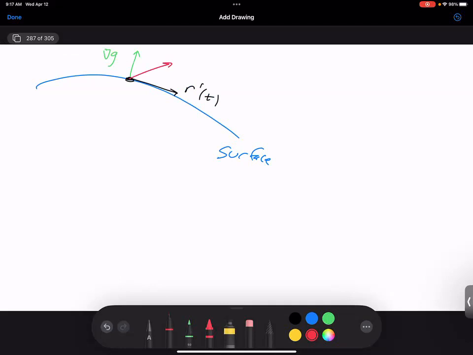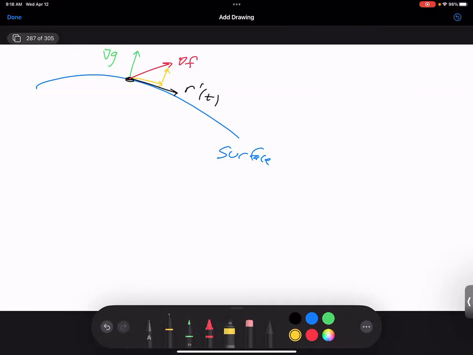Imagine the gradient of f is in some direction. Well, what I can do is I can write the gradient of f as something in the direction of r of t and something in the direction of the gradient of g.